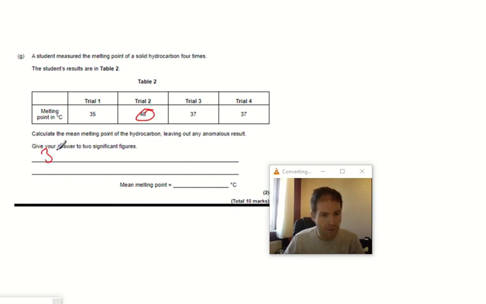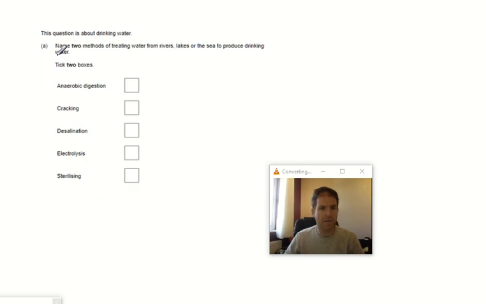So we need to do 35 plus 37 plus 37 divided by 3. 35, 37, 37 divided by 3 is 36.33. It asks us for 2 significant figures, so we're going to get rid of those 2 there. So our answer is 36. Okay, so that's our answer there. Make sure we do that correct.